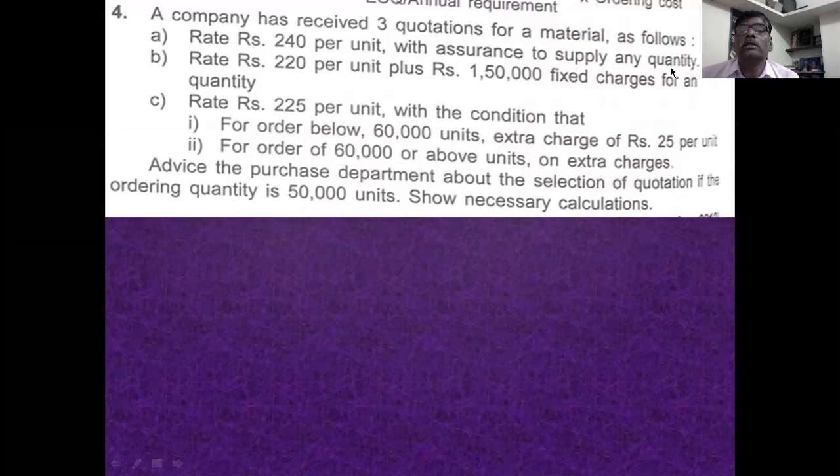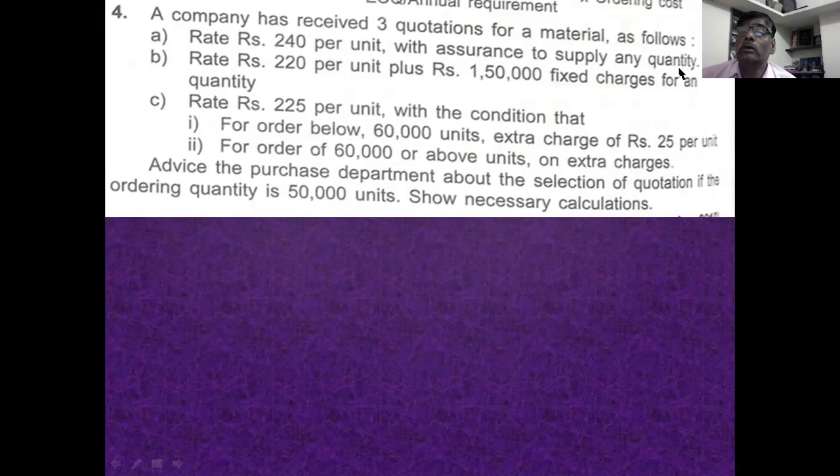You received the quotation for your requirement, and 3 quotations are received by you. In the first quotation, the rate is 240 per unit, and they assured you regarding supply of quantity. As and when you ask, they are ready to supply at any time without any disturbance.